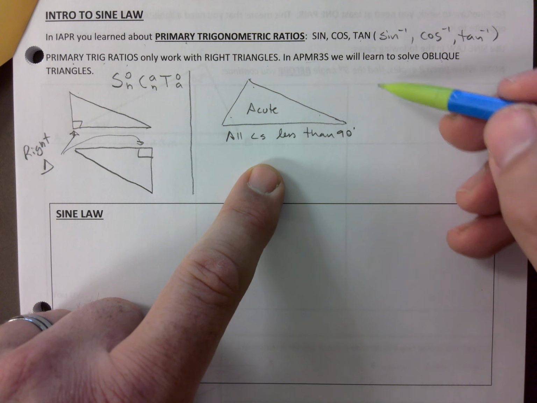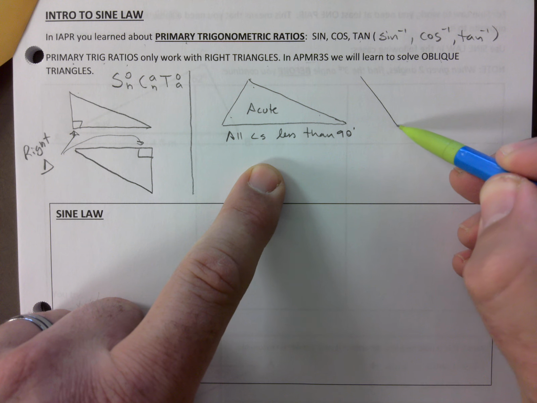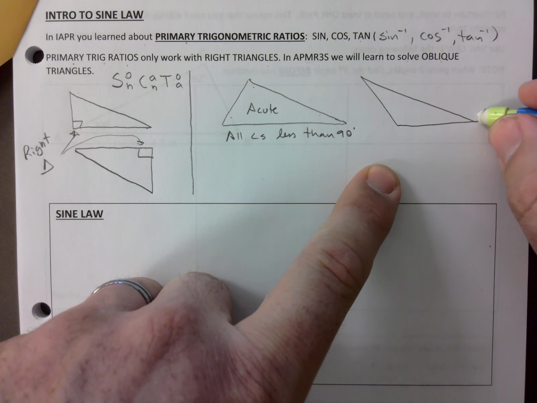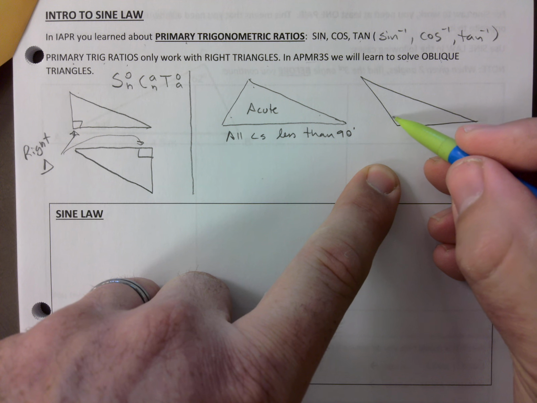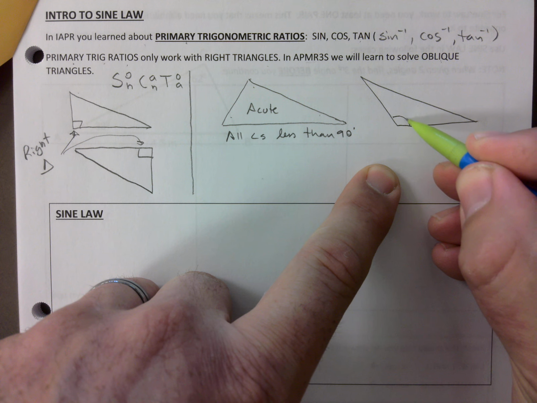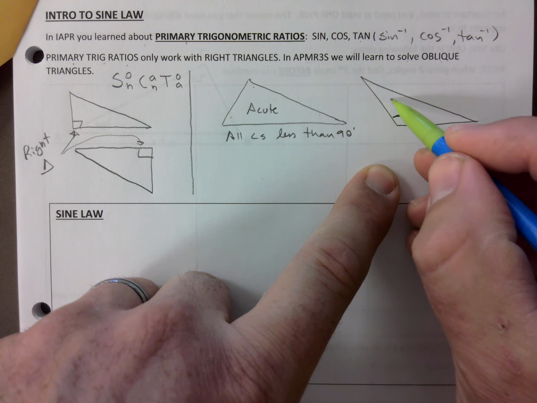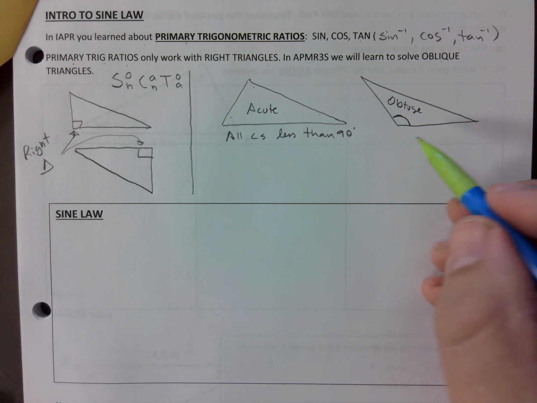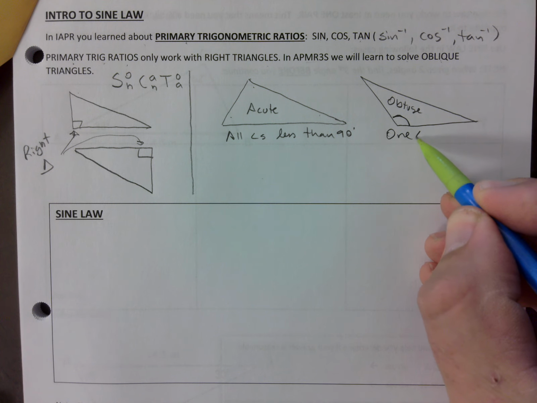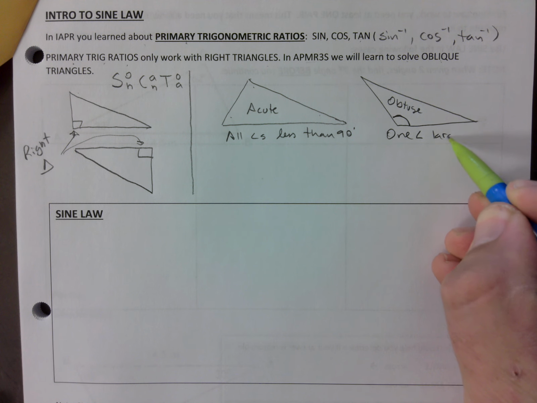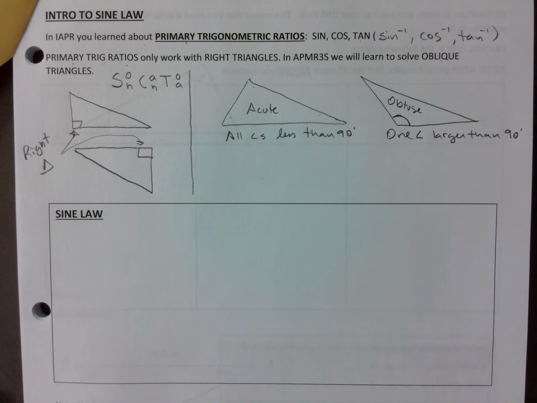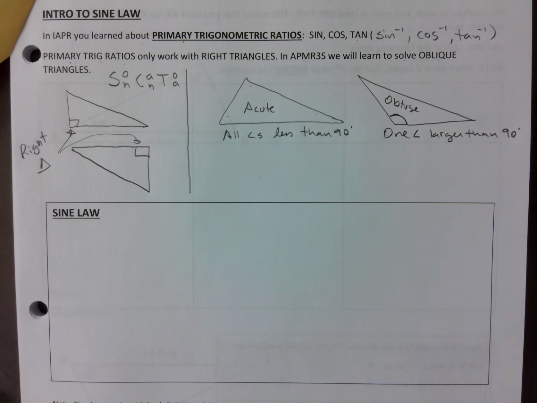And then you have maybe one that looks like this. That would be an obtuse, because this one right here is greater than 90. So this is an obtuse triangle automatically if you have one angle larger than 90 degrees.